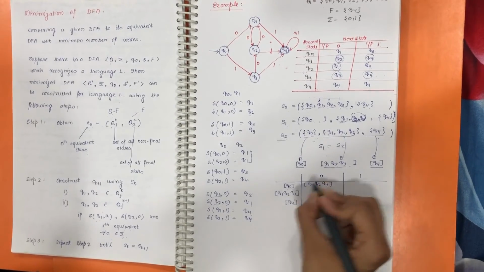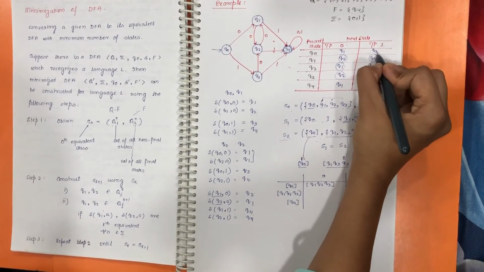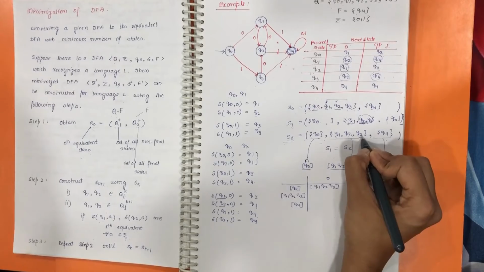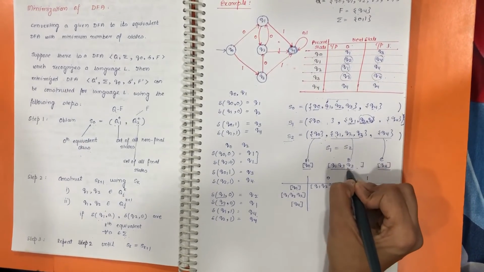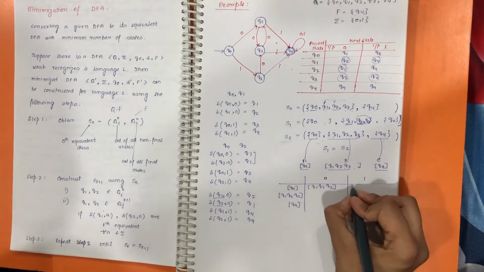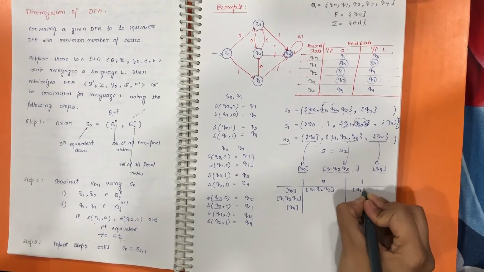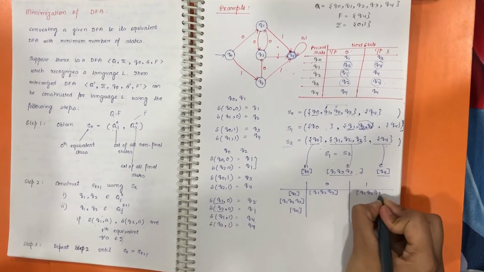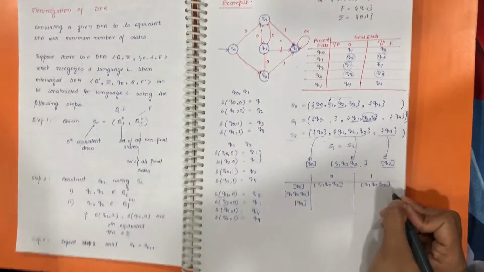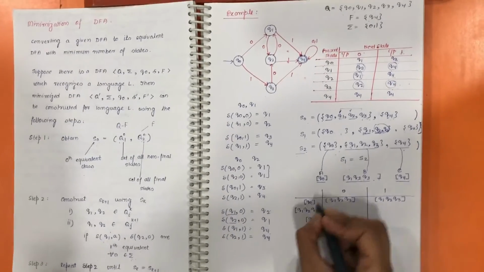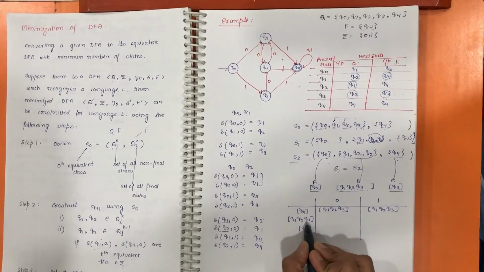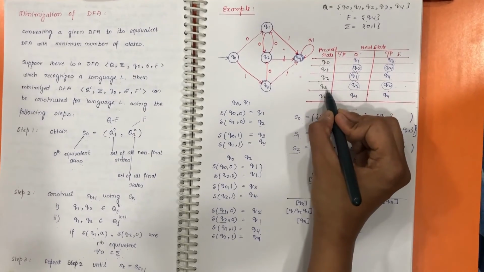Now at Q0 for input symbol 1, the next state is Q3. Q3 is lying in this set and the name corresponding to this set is this state. So here we will write Q1, Q2, Q3. We already know that Q1, Q2, Q3 are equivalent states.